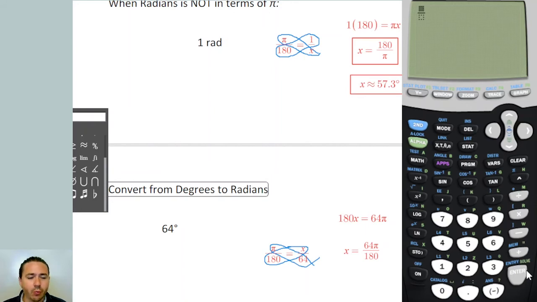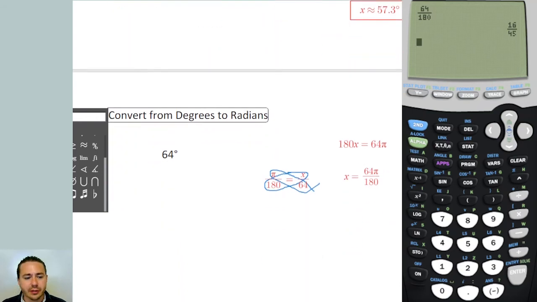I'm not really sure, but if I just put the fraction in here, it will reduce automatically. You just type it in, hit enter, and there you go. So this can be reduced to 16 over 45 is what it said. So let's go ahead and write this reduced.